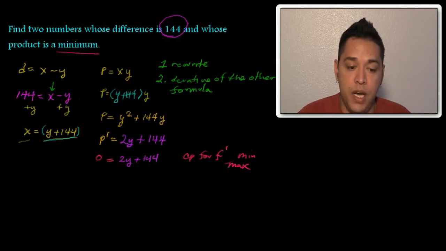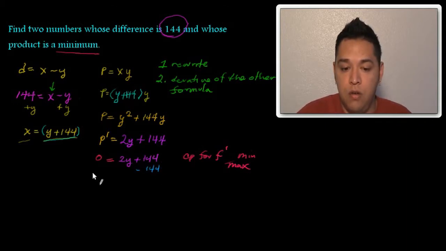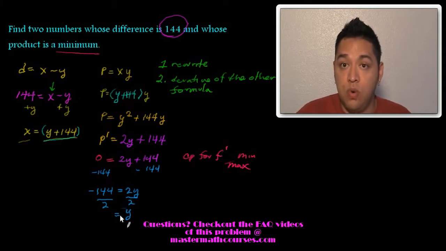If I subtract the 144 from both sides, that's going to give negative 144 is equal to 2y. And if I divide both sides by 2, I get that y is equal to, what is 144 divided by 2? Think about it for a little bit. That's right, it's negative 72.